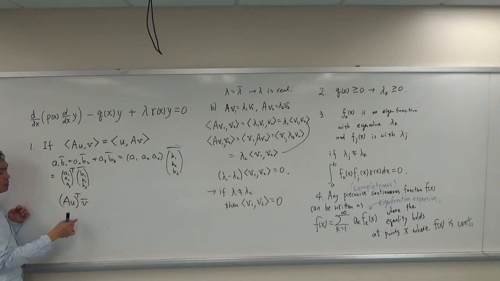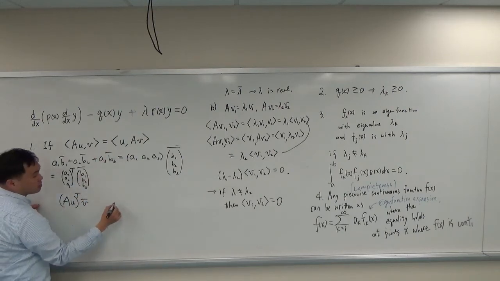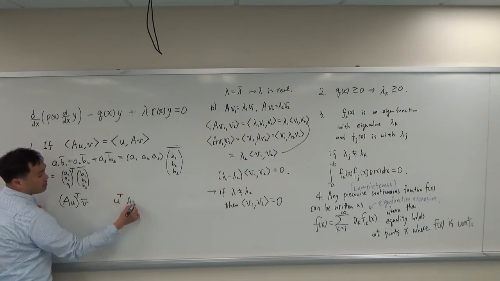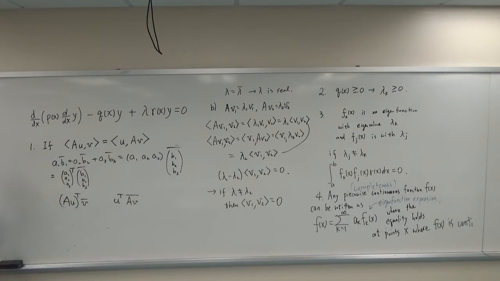And then this one would be U transpose times A V bar. Now, do you know how transpose acts on matrix multiplication? So it's U transpose A transpose V bar. They switch when you do the transpose, okay?